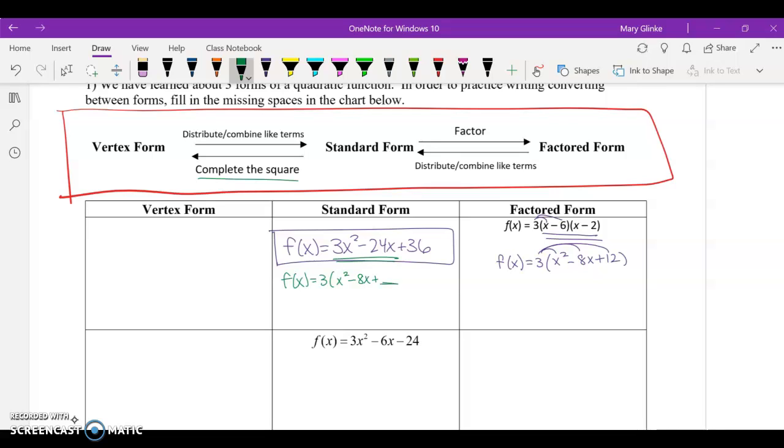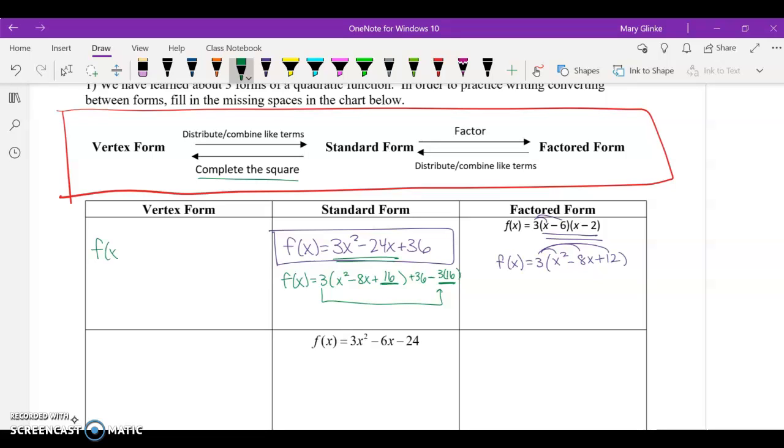And while I do that, I'm going to leave a plus blank inside my parentheses, and then I'm going to write a minus blank afterwards. And I have a coefficient of 3, so I need that to go on my minus blank, because when I add a number here with completing the square, I'm really adding that number times 3. So to keep my equation balanced, I have to subtract that number times 3. So now I'm going to do b divided by 2 and square that and put that on the blank.